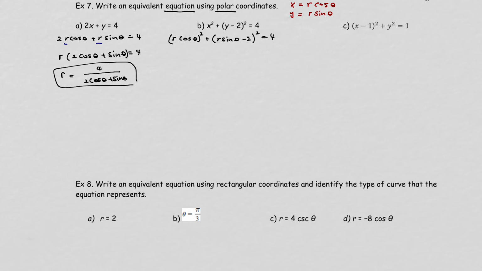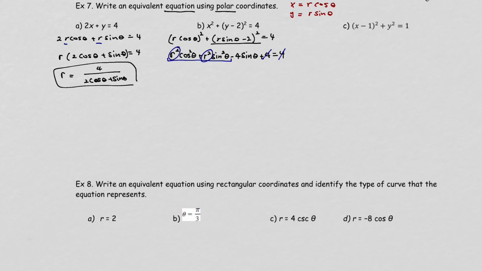So when you distribute the first one, you get r squared cosine squared theta. When you FOIL this, you get plus r squared sine squared theta, and the middle term is the same term, so it becomes negative 4r sine theta. Negative 2 times negative 2 becomes positive 4, equals 4. And you can get rid of the 4 from both sides. And if I'm just looking at these 2 terms, I have r squared in common, right? I'm going to factor that.